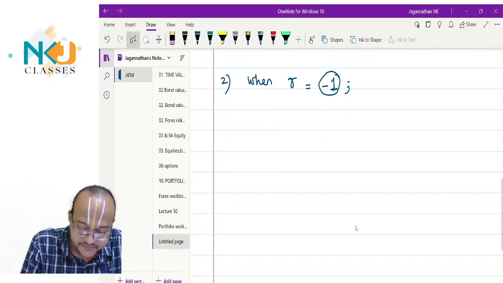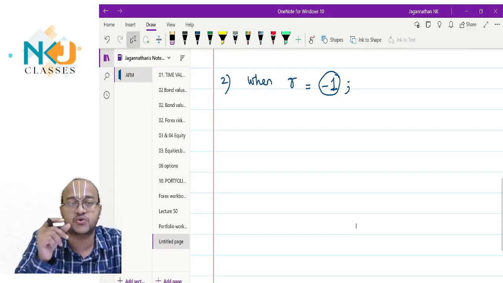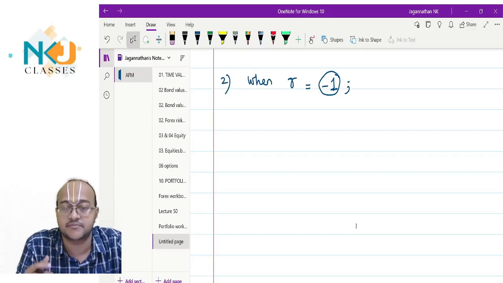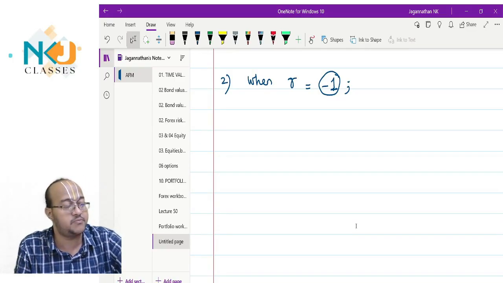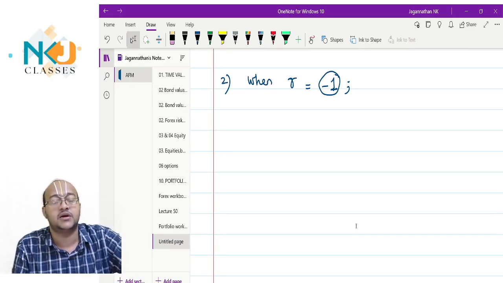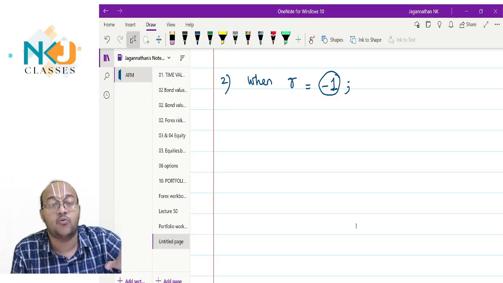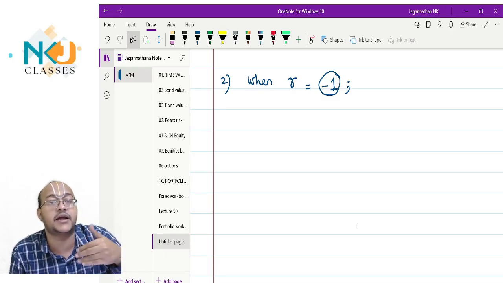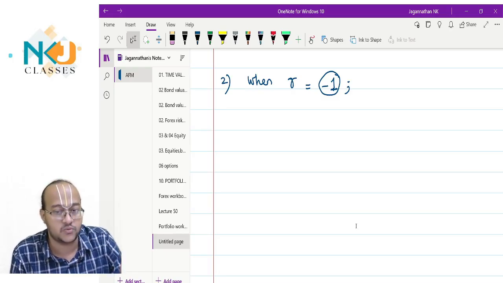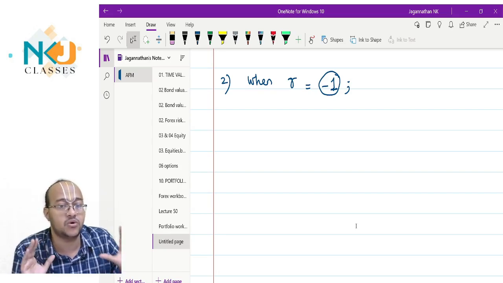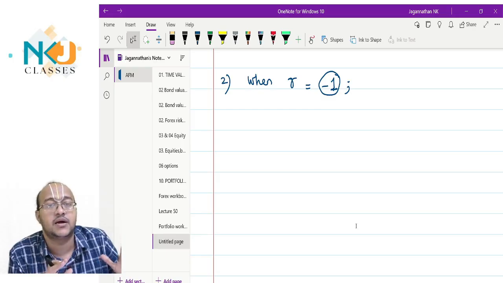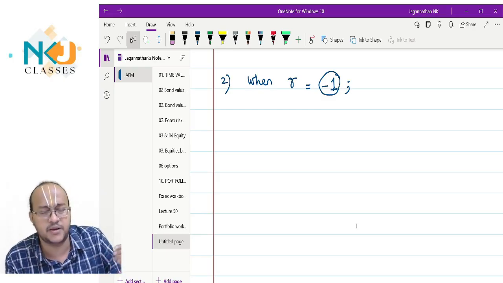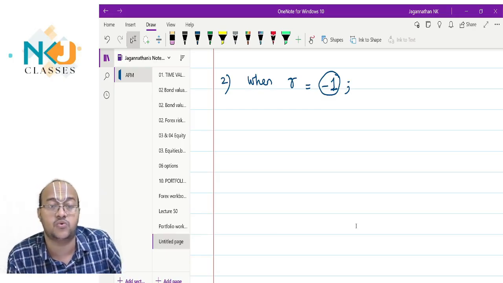At some proportion if you invest, you can reduce it completely, correct? If I put some 40% of x and 60% of y, what percent of x and y I don't know. I am trying to find it now. Are you understanding? But I know that at some proportion I will bring the portfolio risk to 0.